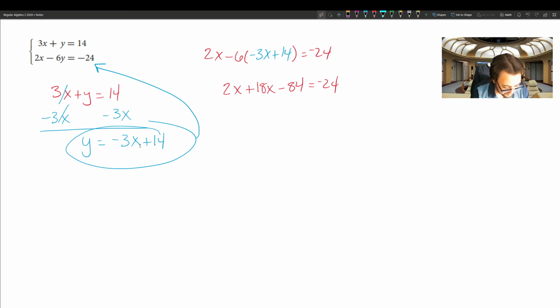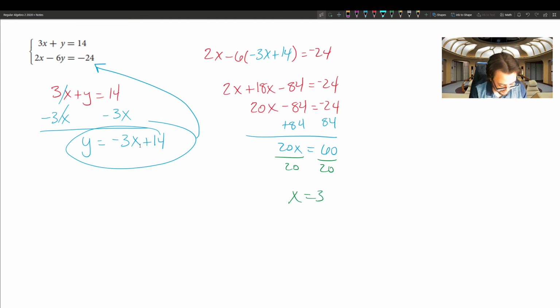I collect my like terms. 18x and 2x will be 20x minus 84 equals negative 24. Okay, I'm going to add over my 84. And let's see here, 84 minus 24 is going to be 60. Divide by my coefficient of 20, and we get that x equals 3.